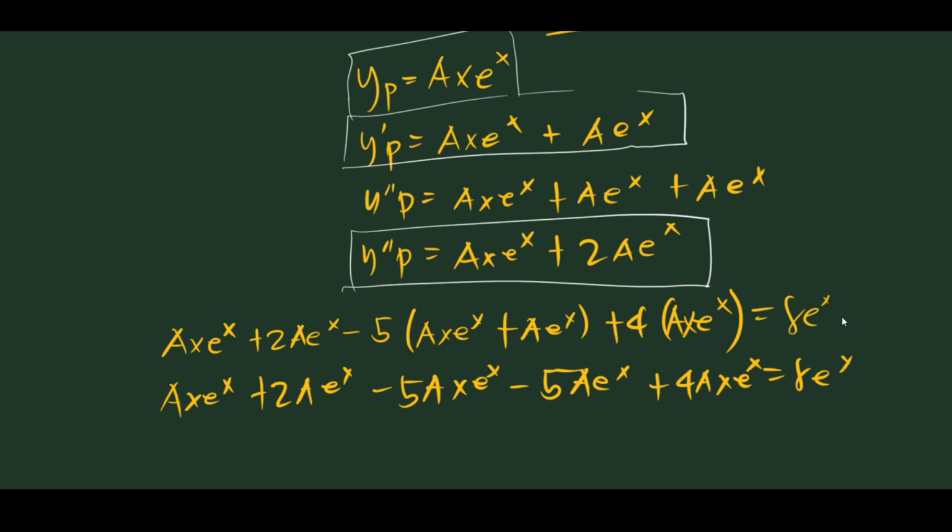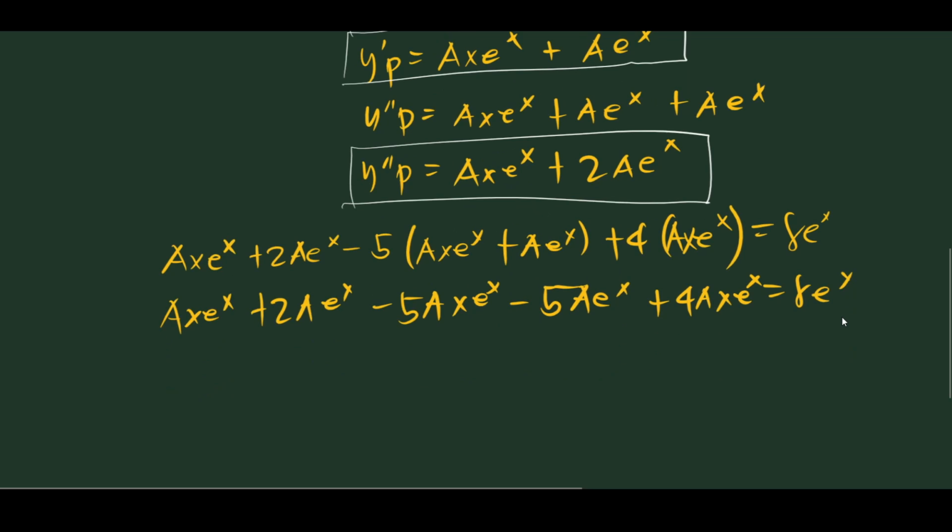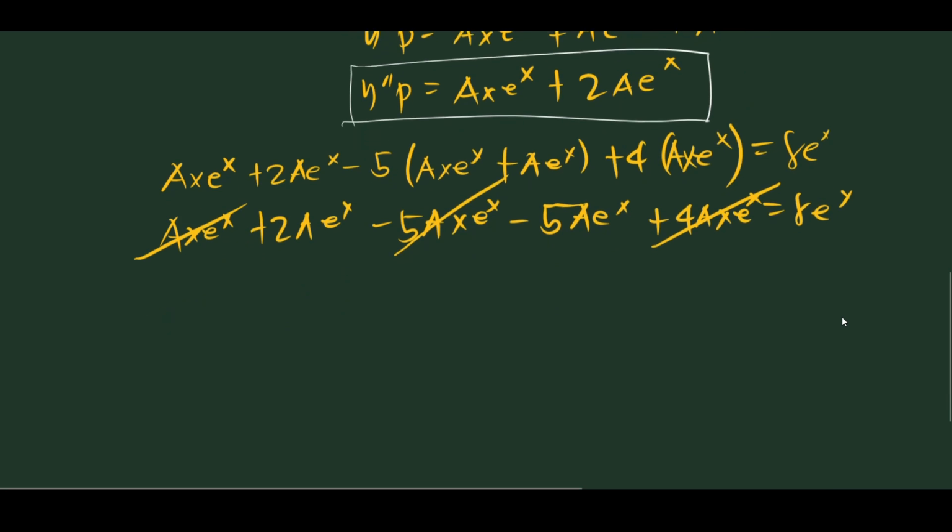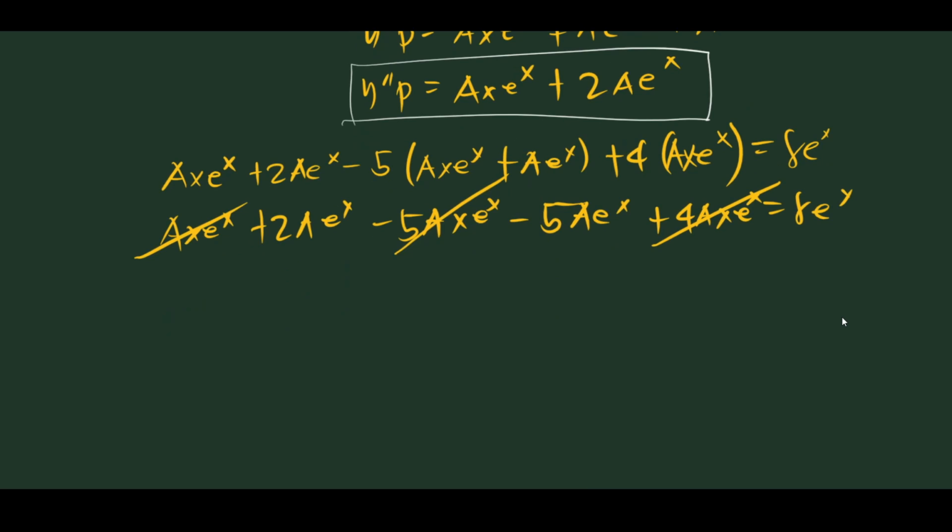Okay, so let's see how we can simplify this. Let's add like terms. As you can see right here, we can cancel this out, this one, and this one also, right? So you will then be left with negative 3a e raised to x is equal to 8 e raised to x.